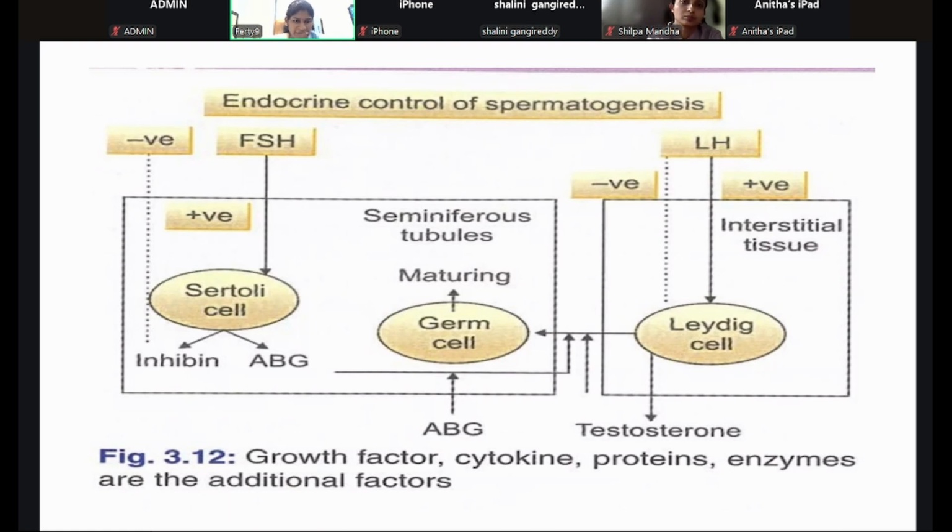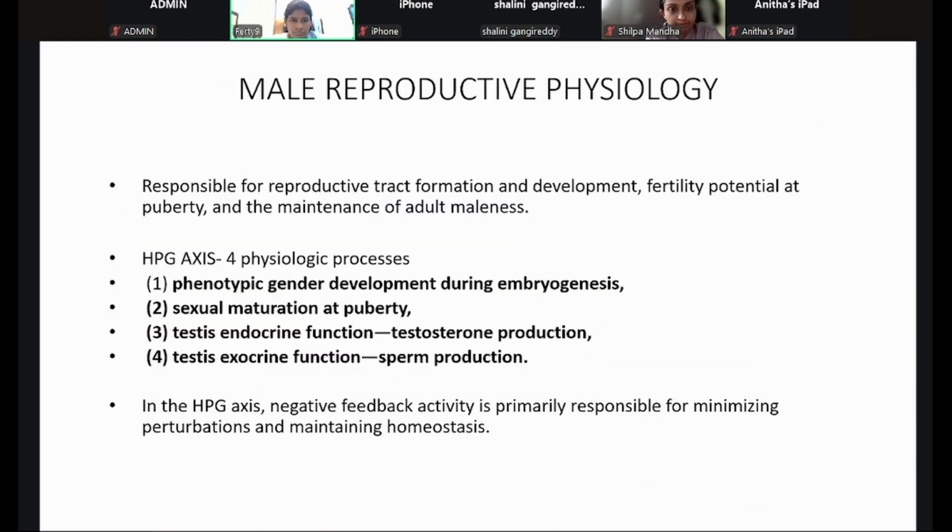The Sertoli cells also release a hormone like inhibin. So basically, the physiology is about the HPO axis, anterior pituitary hormones, FSH, LH, and the testicular level. It is testosterone production and sperm production. The HPO axis acts at these four levels.